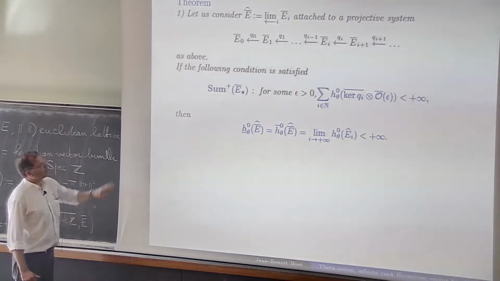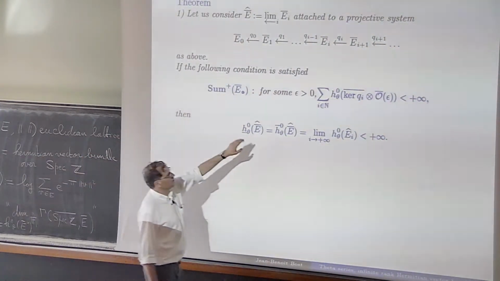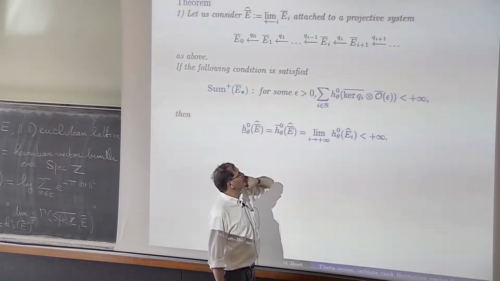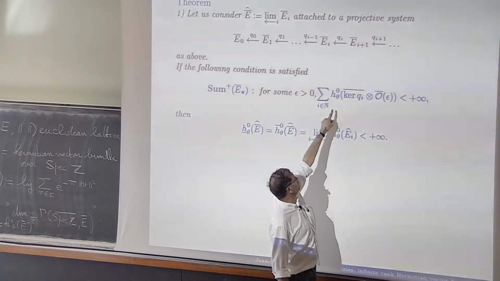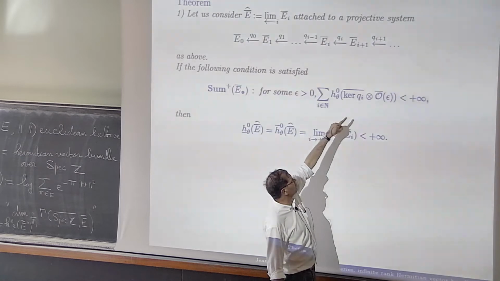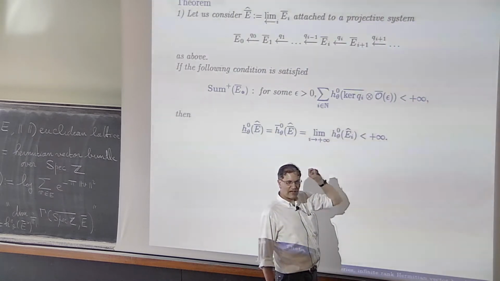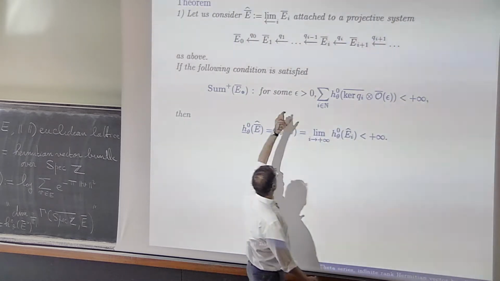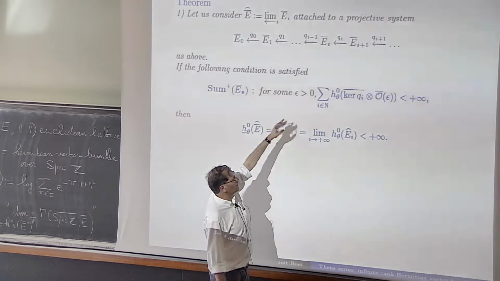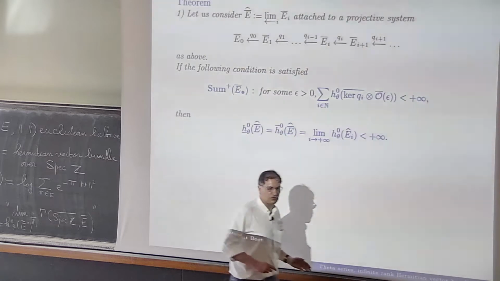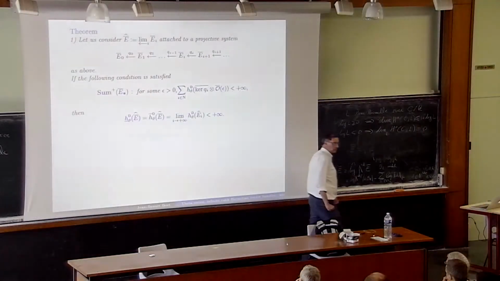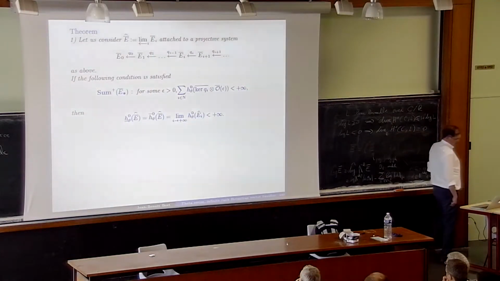Now, for technical reasons, it's not sufficient, well, I don't think it's sufficient, to assume only the convergence of the sum of the H0 theta of the kernels Q_i bar. You have to slightly strengthen this condition by requiring the condition after a small rescaling that increases the H0 theta. Okay.